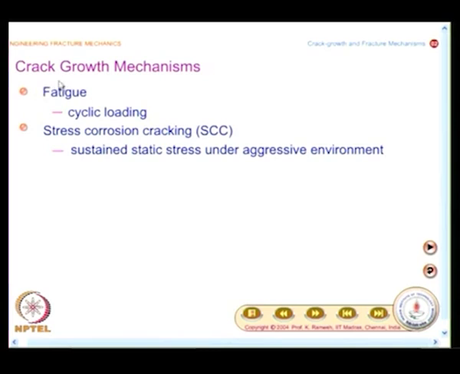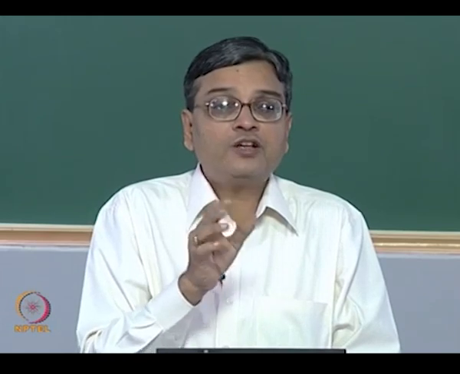You will be very familiar with fatigue, and fatigue occurs because of cyclical loading. Whenever people think of crack growth, they immediately jump to all cracks growing by fatigue. So, what you will have to keep in mind is fatigue is one of the mechanisms for crack growth, and it is widely prevalent. There is no harm that when you have a crack growth to feel that it could have been a fatigue crack, that is quite alright, but that is not the only mechanism.